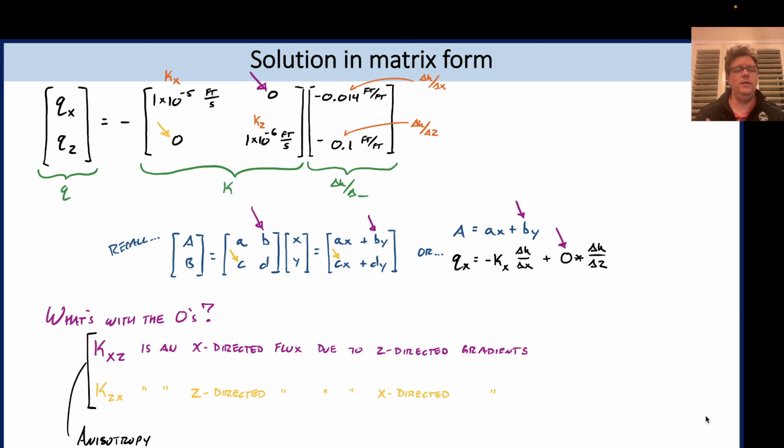In other words, this is part of the manifestation of what's going to happen to us when we have different hydraulic conductivities in different directions, and they're not perfectly independent of each other. In other words, if we push in the x direction, we might get a little bit of bleed over that causes a z-directed flux. So that's teeing us up for a discussion of anisotropy and how we deal with it in terms of matrix solutions.